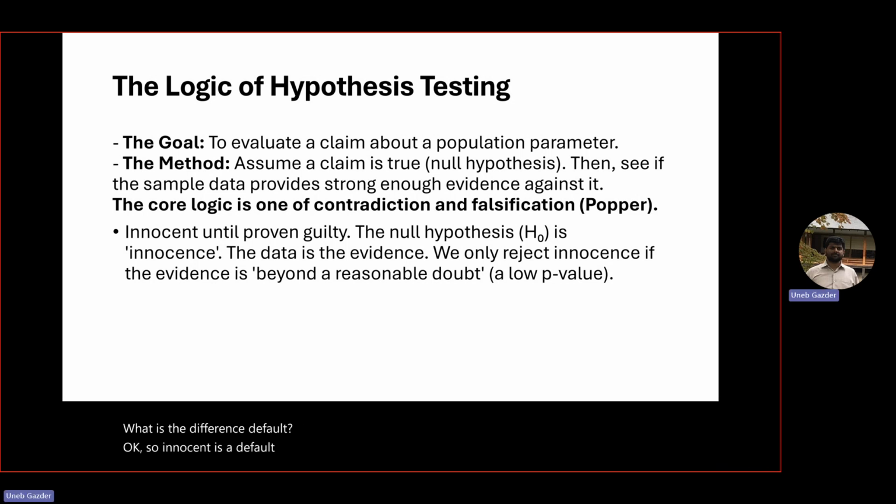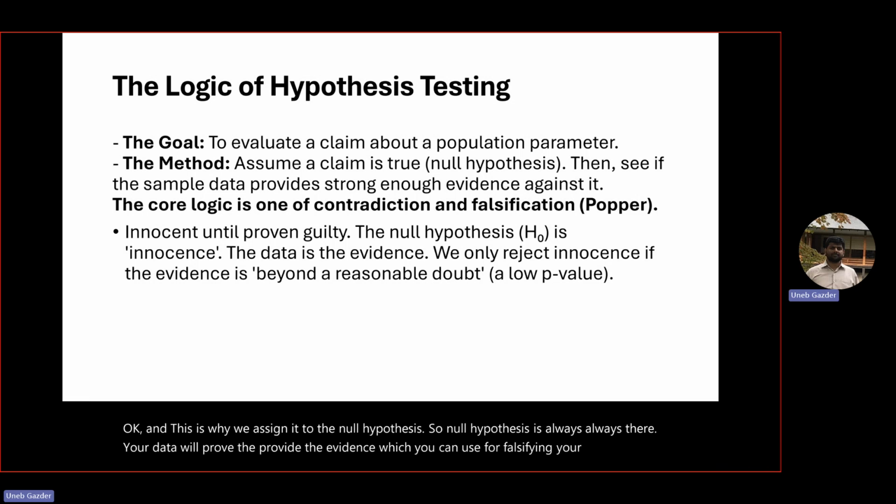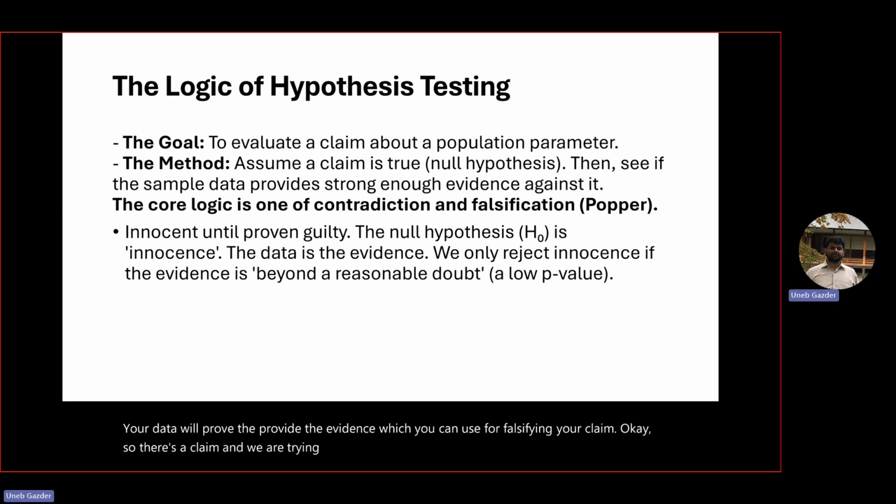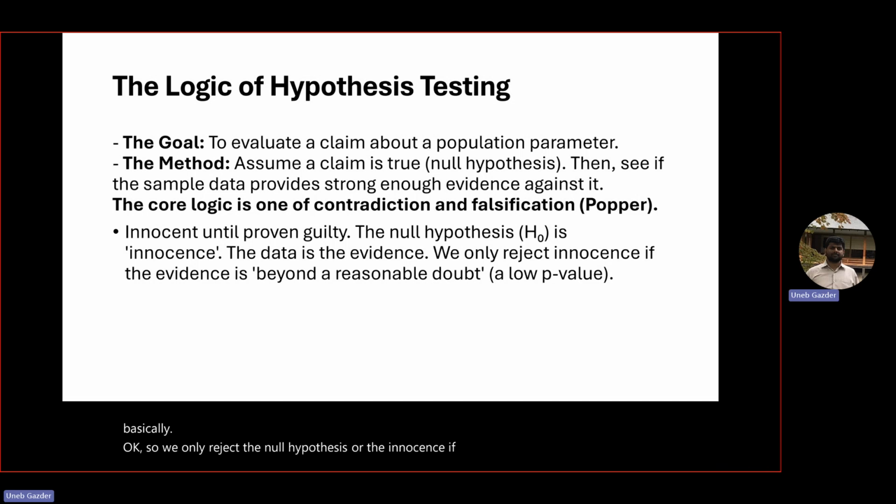So here null means innocent. The assumption is that whatever you are comparing is by default equal, and this is why we assign it to the null hypothesis. So the null hypothesis is always there. Your data will provide the evidence which you can use for falsifying your claim. So there's the claim, and we are trying to go against it. We are the lawyer on the other side, basically. So we only reject the null hypothesis, or the innocence, if the evidence is beyond doubt.